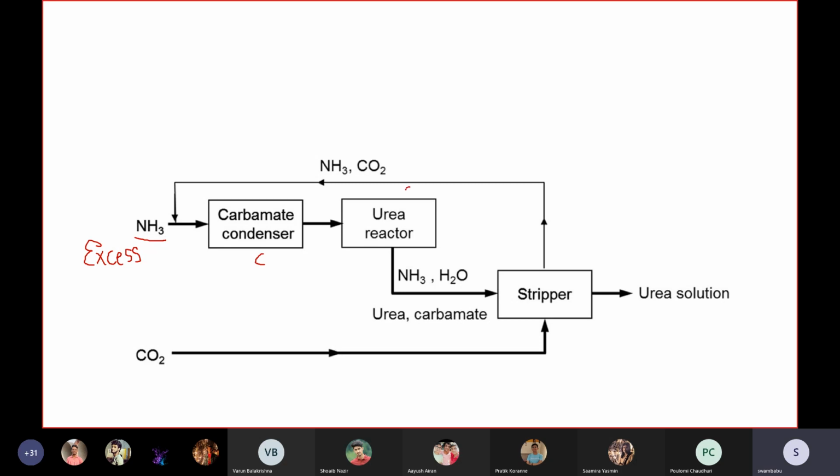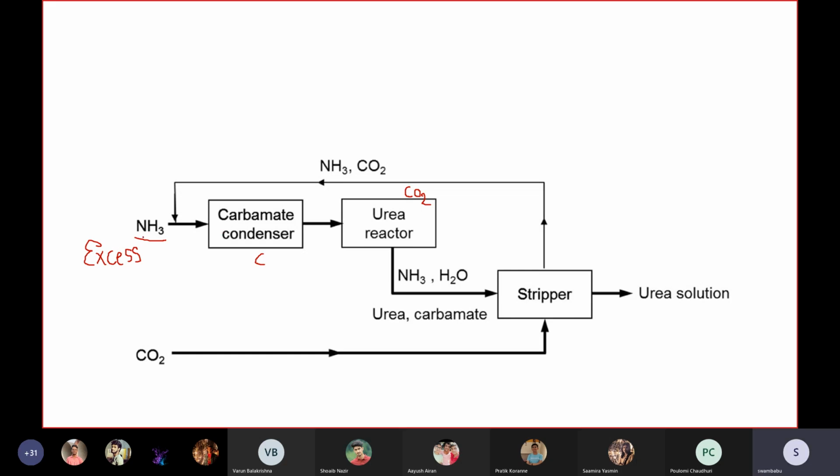In modern industries, they supply an excess amount of ammonia over the stoichiometrically required amount, so the CO2 becomes the limiting reactant. So when you supply ammonia in excess and CO2 is the limiting reactant, even though you have 70% conversion, you can almost consume whatever amount of CO2 is available there.